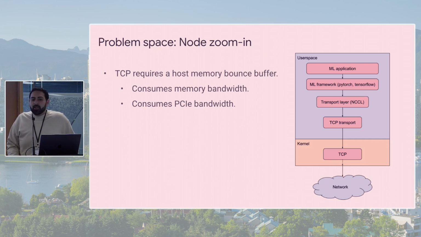If we zoom in on one of these nodes, I'll give a short overview of the software stack on one of these nodes. So typically you'll have an ML application running at the very top of the stack, and the ML application would call into some ML framework. You might have heard of them, PyTorch, TensorFlow are examples. And the ML framework would delegate into a transport layer, or I'm calling it a transport layer.